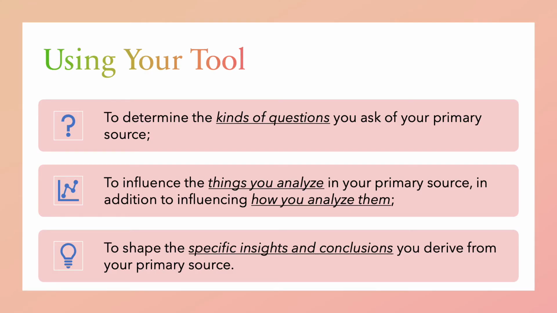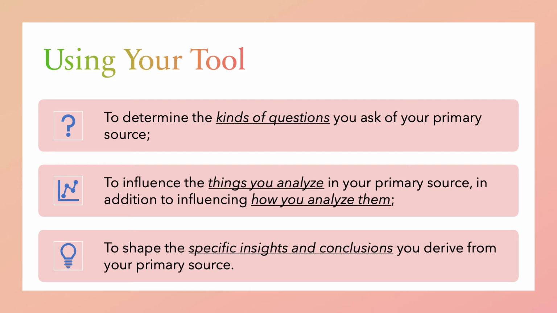It's the answers to these questions that will help you enter the application stage of this research project. If you know about the kinds of questions that your tool allows us to ask, you can ask these of your primary source. If you know about the interpretive methods or analytical techniques associated with your tool, you can then employ them to analyze evidence from your primary source.